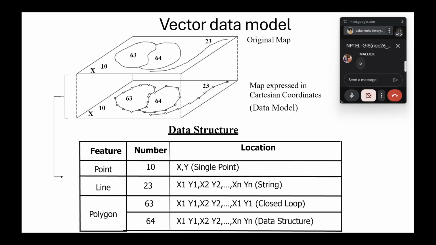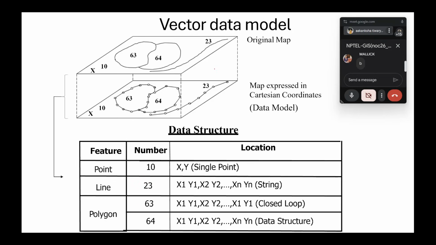A point will be stored as a single x, y, a single point location. A line will be stored like a string. Suppose this x is a point, it is stored as x comma y, and an ID is assigned. You can think of this number as an ID.